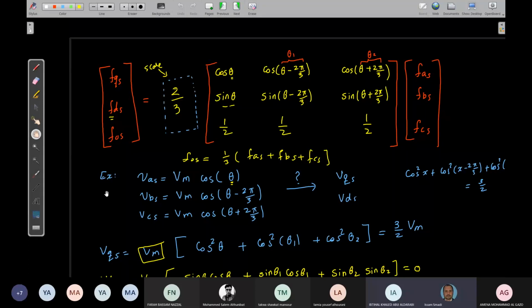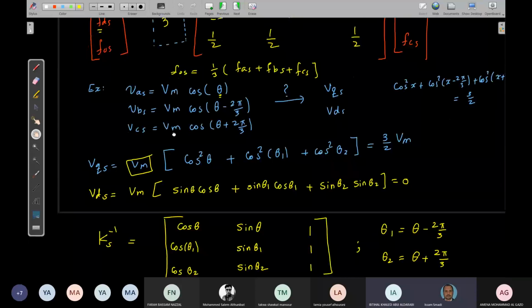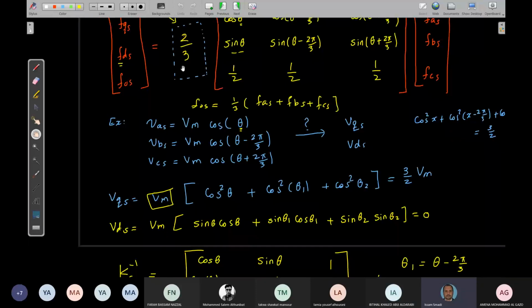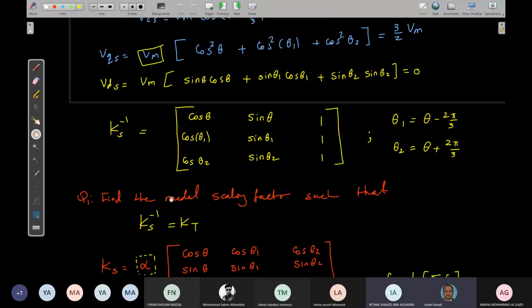But if I need to change it, I need to change it for a purpose. I need to get some useful information. Someone will say, what about if I change this factor such that the inverse is equal to the transpose? In this case, I don't need to calculate the inverse, correct? You know, the transpose of the matrix is easier to calculate than the inverse of the matrix.